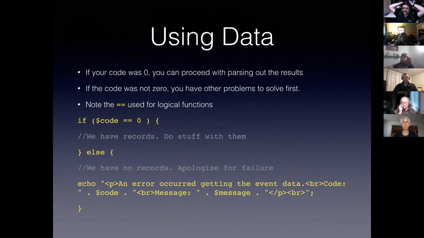The format's a little different, but if my code double equals 0, that's how it distinguishes between a logical operation and some kind of value operation. So if the code double equals 0, then hey, we got records. Otherwise, we just want to print an error code and not have everything blow up when we try to parse data that doesn't exist.